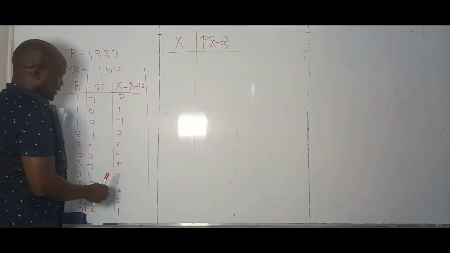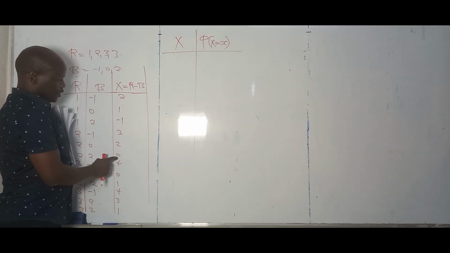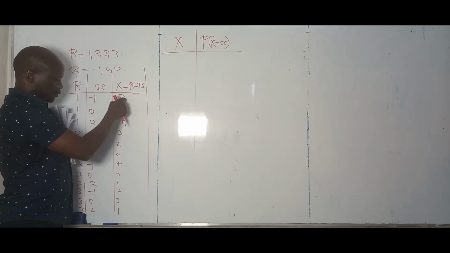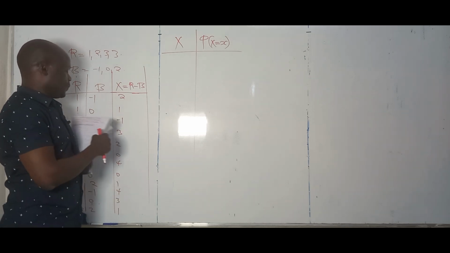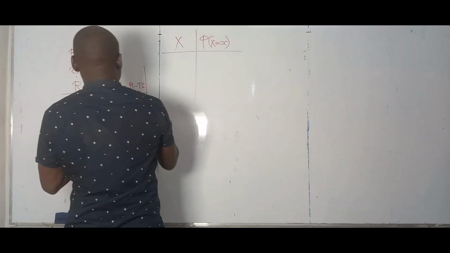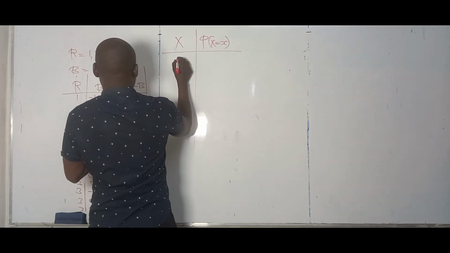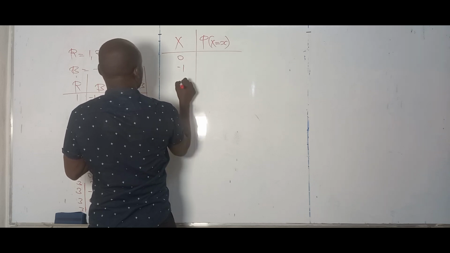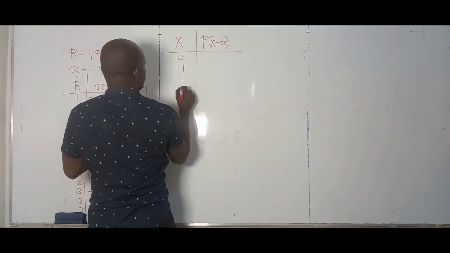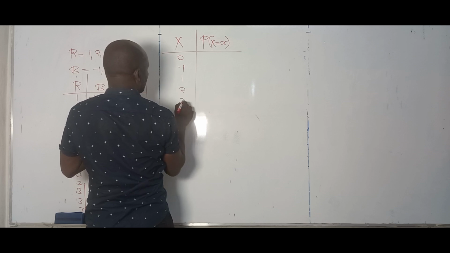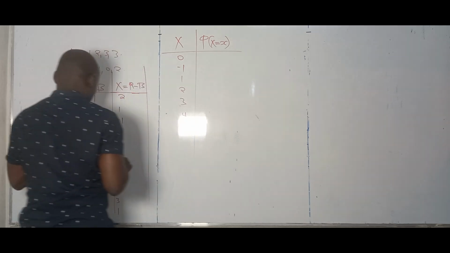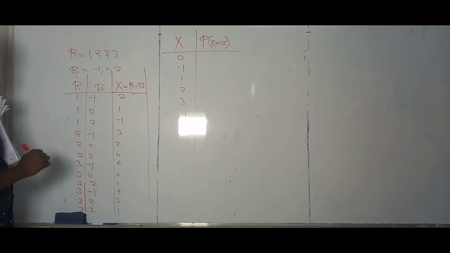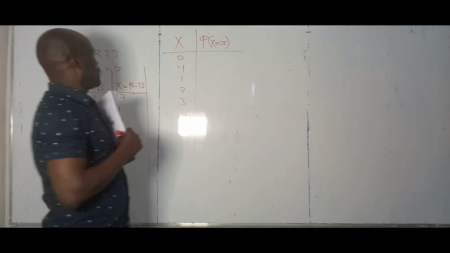So we see that x has taken the value 0, 1, -1, 2, like that. Those are the values it has taken. So I want to take all the values it's taken. So I want to say there is 0, -1, 1, 2, 3, 4. Yes, those are the values it's taken.